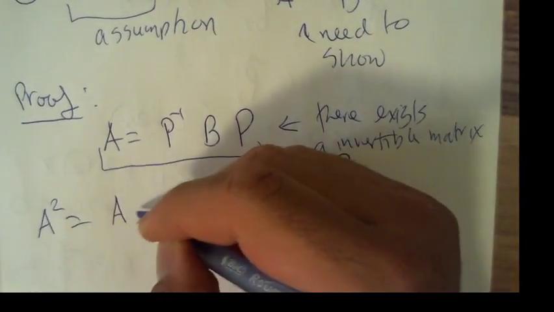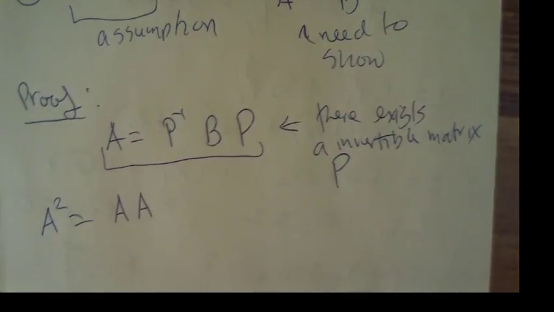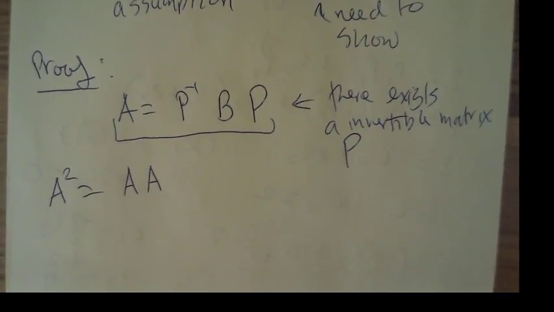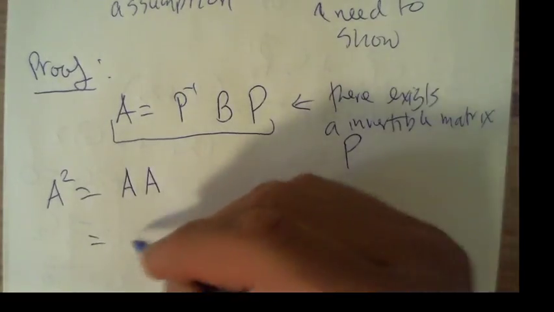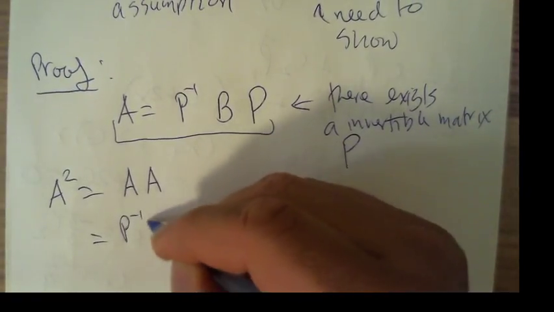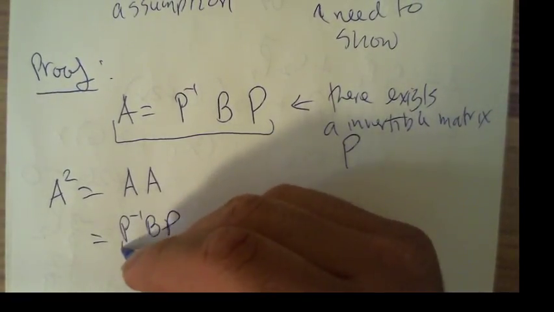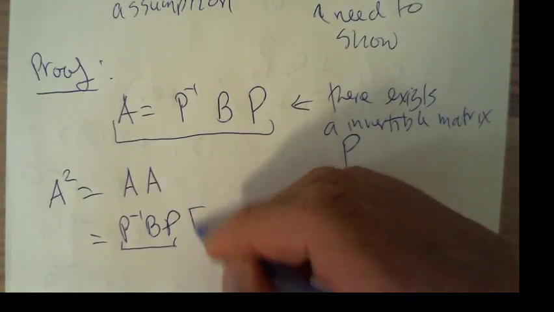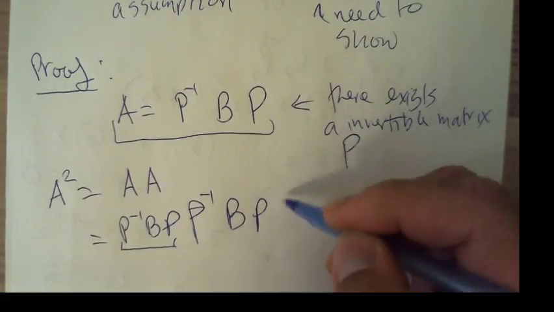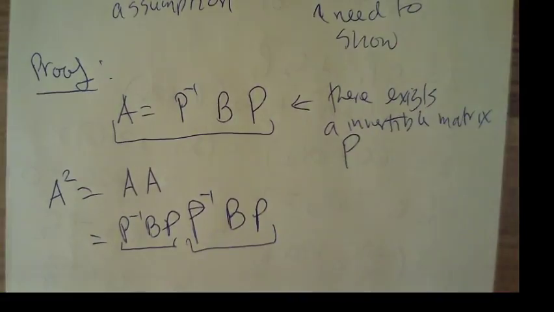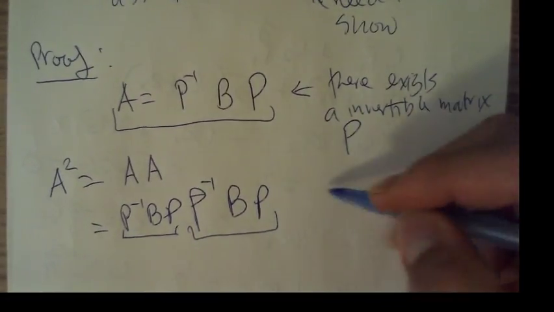So A squared is just A times A. Right, and now let me substitute here. All right, so here just substituting.